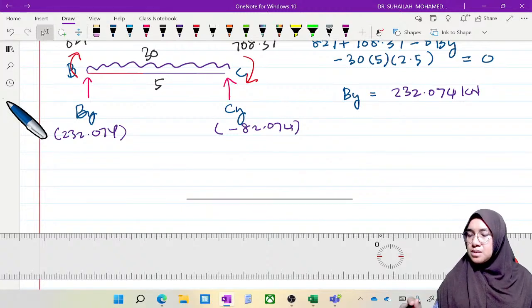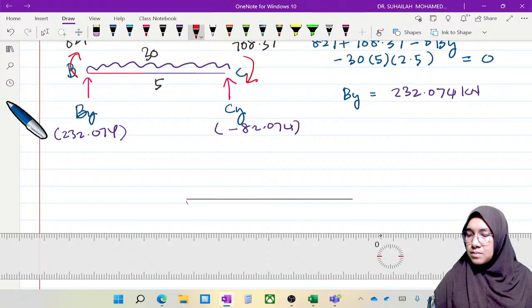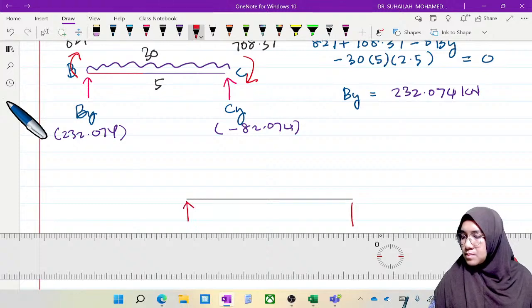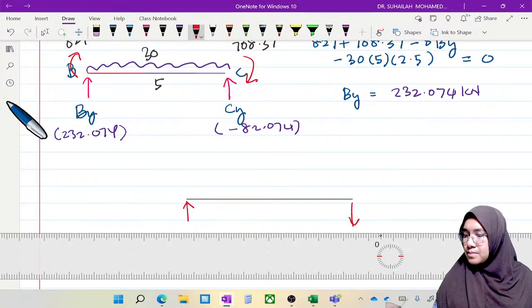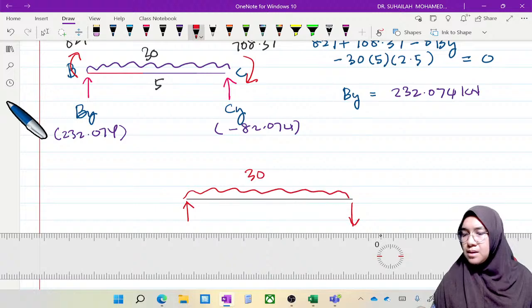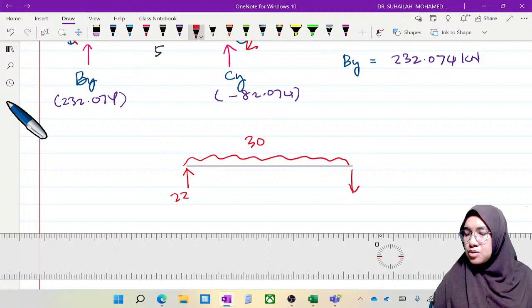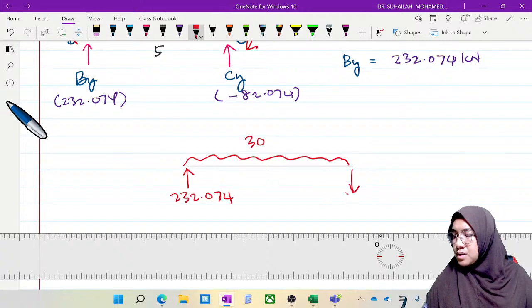The value at B is 232.074, and this is 82.074.